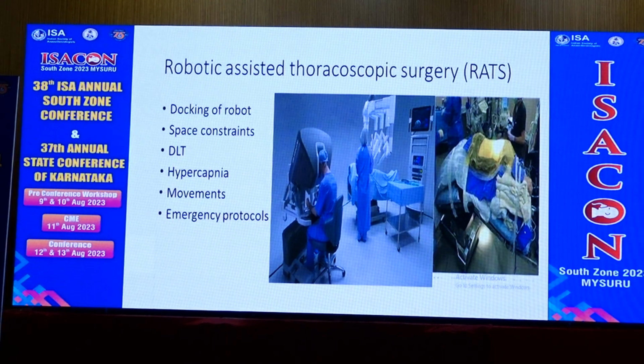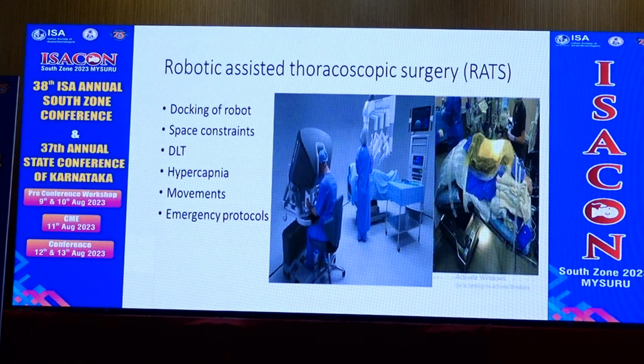The difference between robotic surgery and VATS is that once the robot is docked, there is minimal space for us to get near the patient. With space constraints, it is better to secure a DLT rather than in-event tubes or blockers, because if one lung ventilation is not done properly, the surgeon cannot operate.